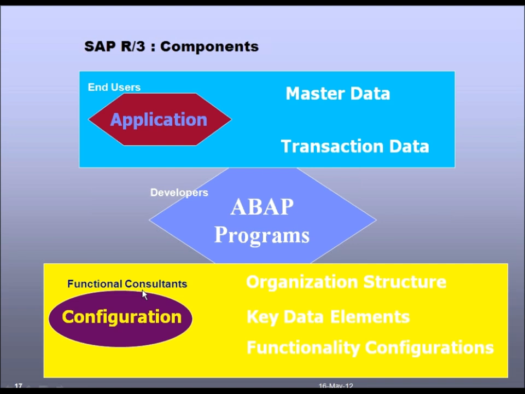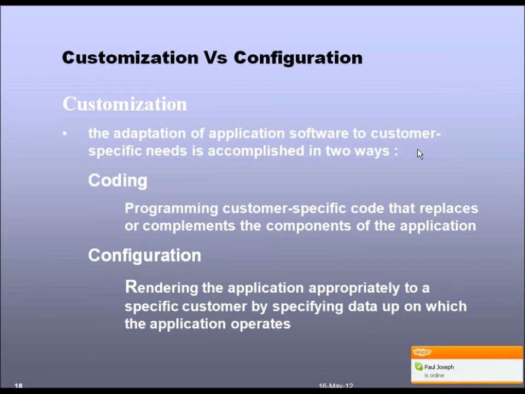So as you can see here, unless you have an organization structure, key data elements and functional configuration, ABAP programs will not work. If there are no ABAP programs, neither transactional data nor master data can be maintained. Right? So this is the process flow for working with the SAP components.